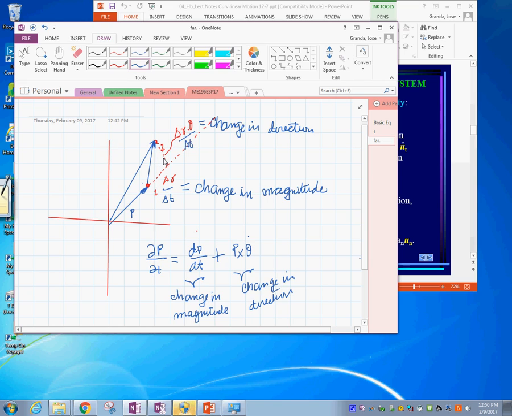So that is omega cross r, where r is the original vector, and dr is the change of this vector. And like I said, the derivative of a vector always has two components: one change in magnitude, one change in direction. Okay, let's go back.